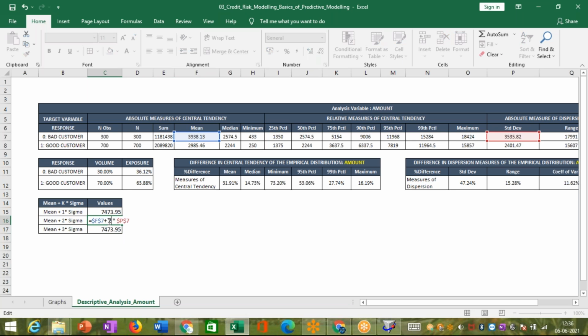I'll make this 2 star sigma, and this is a 3 star sigma.